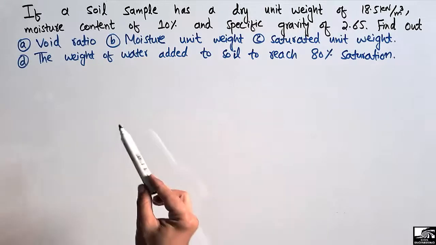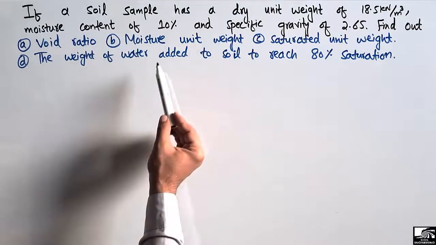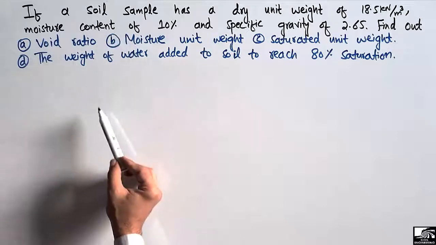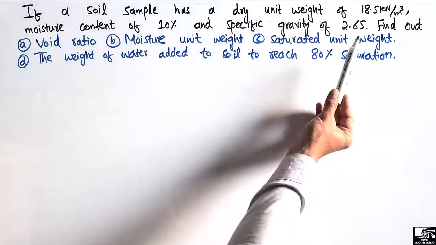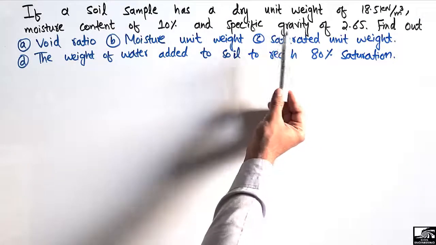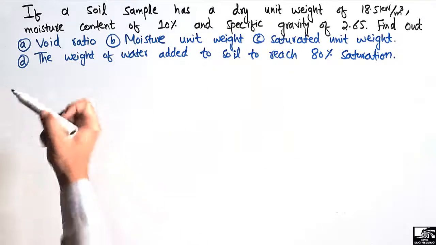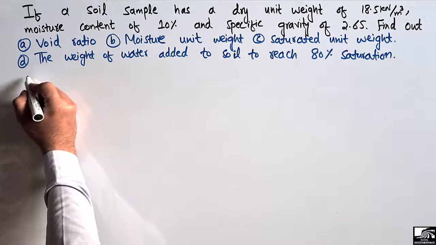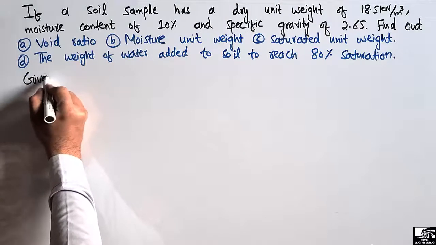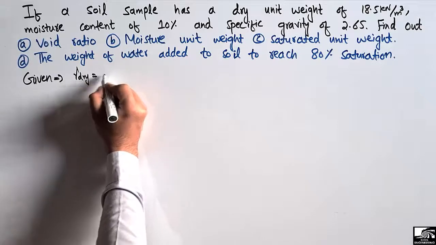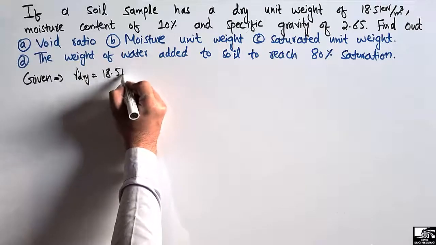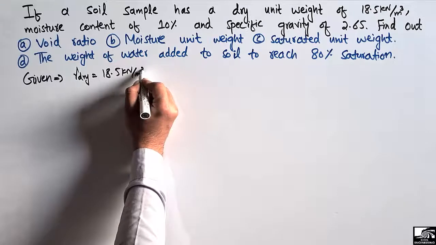So we have to find out 4 unknown parameters for this soil sample, given a moisture content of 10%, dry unit weight of 18.5 and specific gravity of 2.65. So the given data for this soil sample is that the dry unit weight is 18.5 kilonewton per cubic meter.